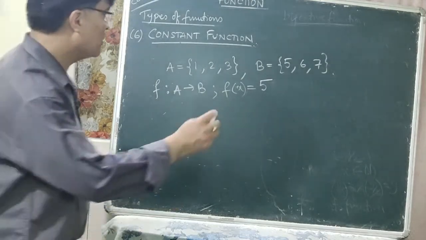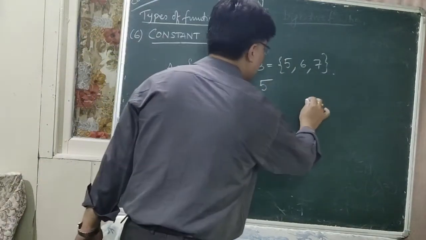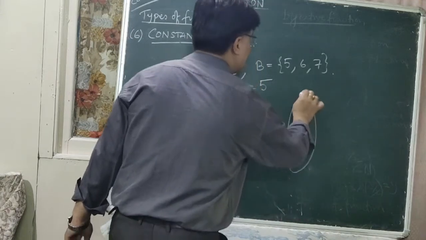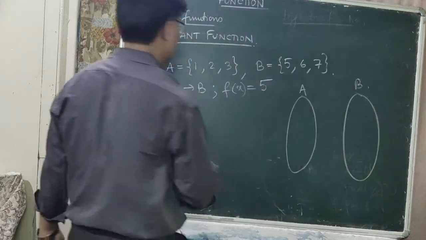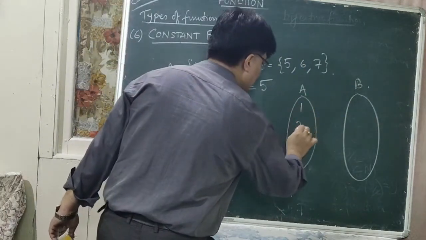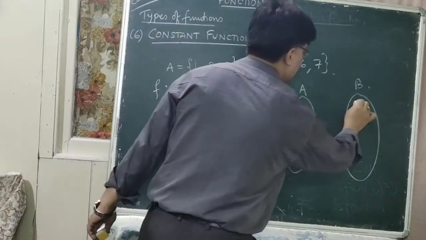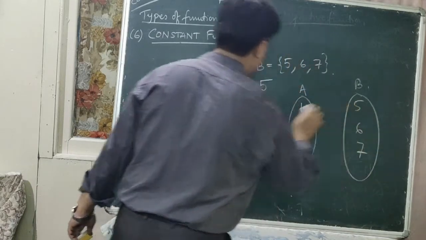Is that clear? So if we draw a diagram here, this is set A and this is set B. In A we have 1, 2, 3 and in B we have 5, 6, 7.